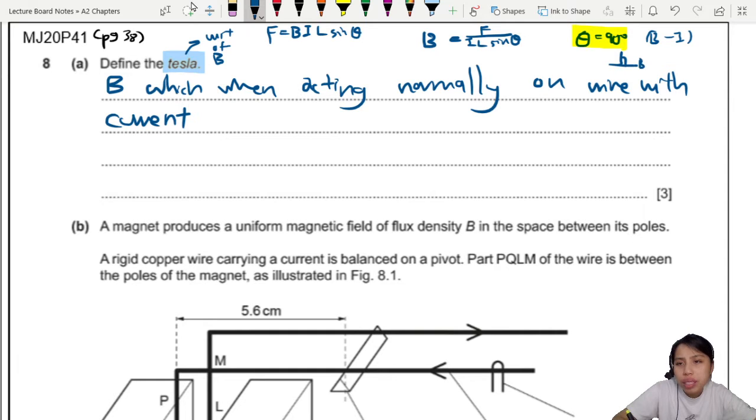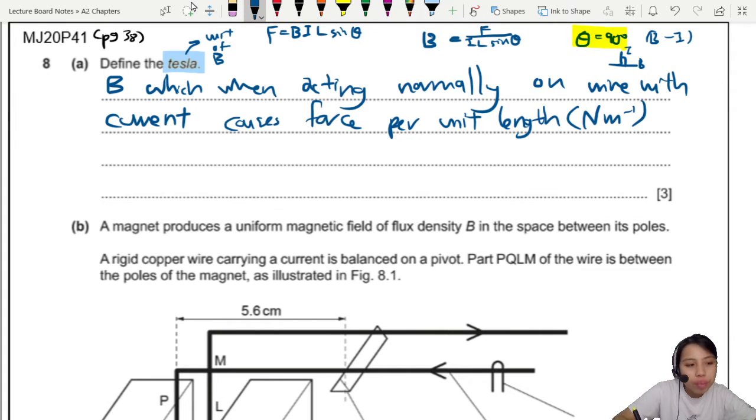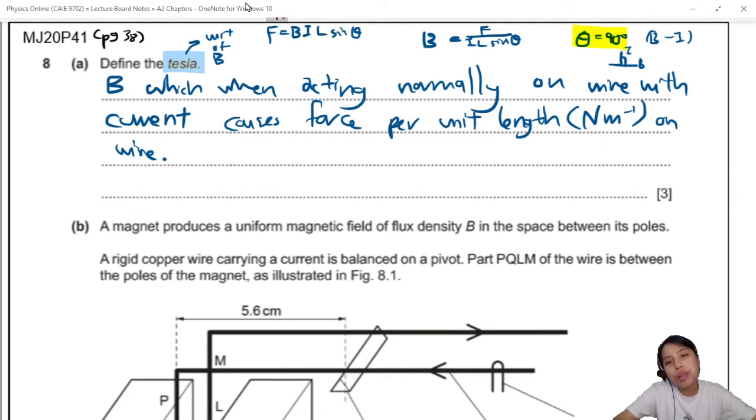B and I, something like that. So acting normally on a wire with current, that causes a force per unit length on the wire. So force per unit length, the unit is Newton per meter, on the wire. Okay, so that's kind of like a short form version of this.